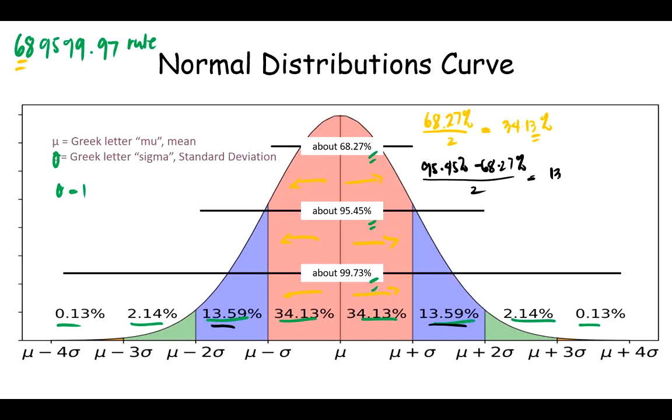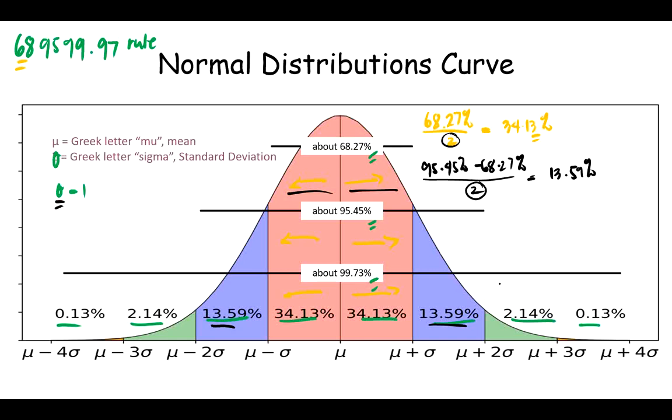Dapat na makukuha natin dyan is 13.59%. Okay? Bakit lagi natin silang dinidivide sa 2? Kasi symmetrical. 2 sides. Kailangan kung anong area neto, yun din yung area neto. Okay? At the same time, kasi nga, ang ating standard deviation ay 1. 1 lang yung distance niya from the mean.